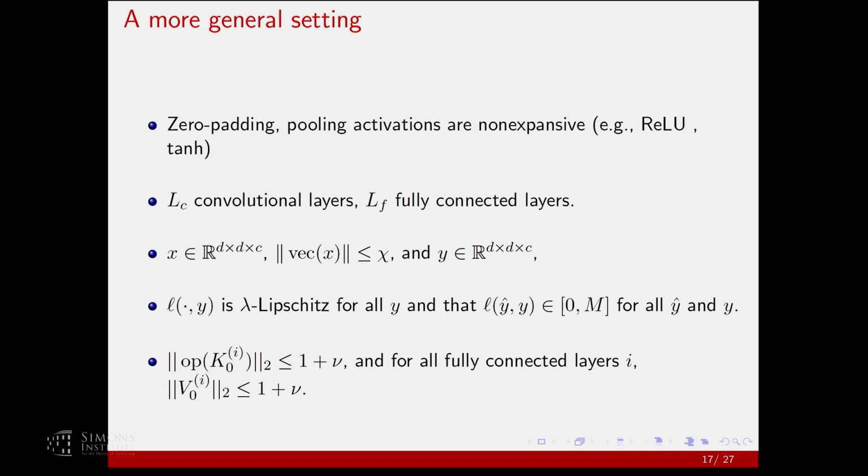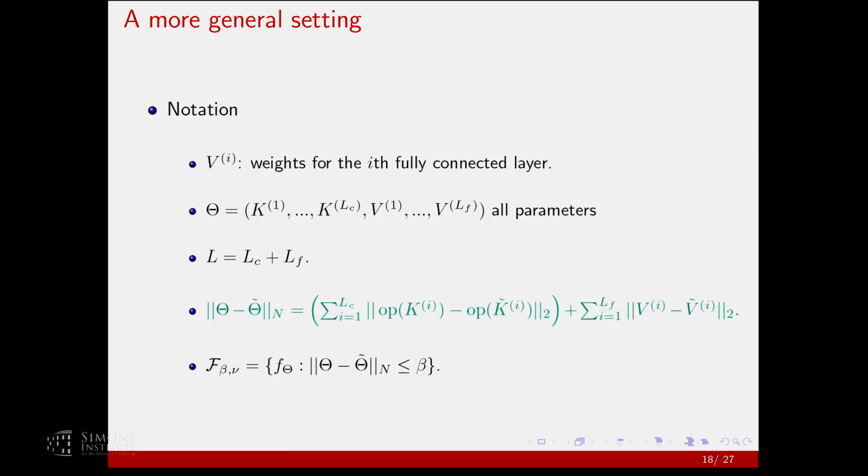Here we loosen up the assumption we had on the initialization. So essentially, a spectral norm of the operator matrix corresponding to your initial kernel can be upper bounded by some value 1 plus nu. So it's a looser assumption compared to the initial one we had. And also, for all the fully connected layers, their initial spectral norm is bounded, again, by some value 1 plus nu.